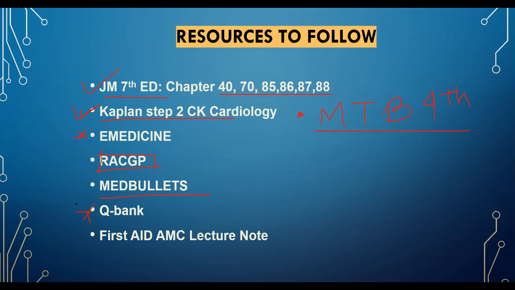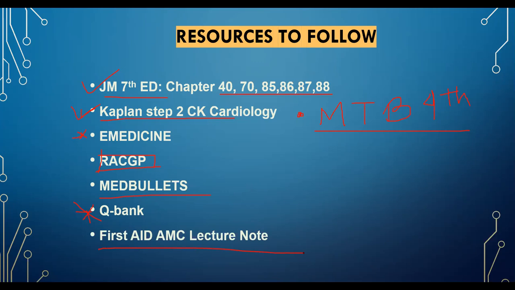Then we have our own Q bank. Once you join our course, you will get Q bank access. After finishing the theory from the book, go to the Q bank and read the Q bank questions. That will give you more idea. And also obviously follow our lecture notes, which are very good for your cardiology. We usually give you everything from all these books.